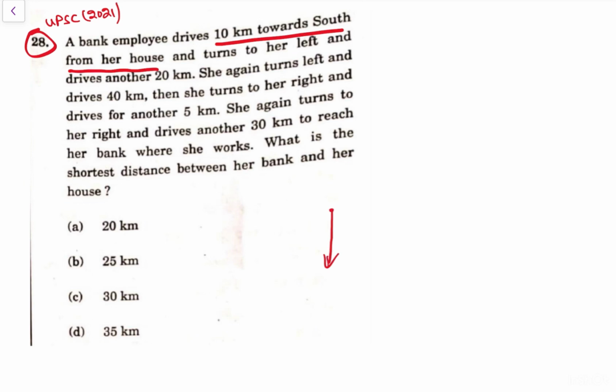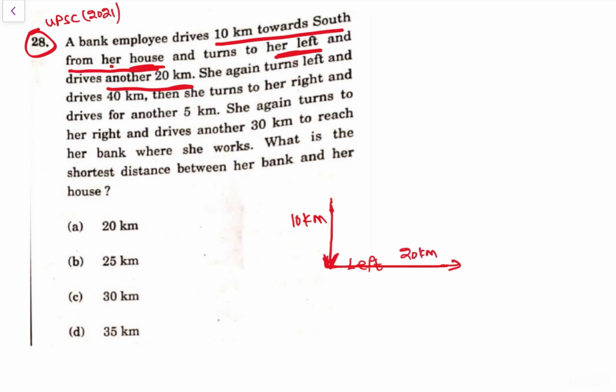So 10 kilometers towards south from her house and turns to her left. Now the left hand is this side, right? She turns to her left and drives another 20 kilometers.